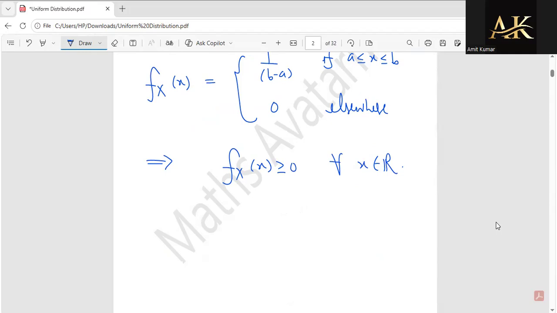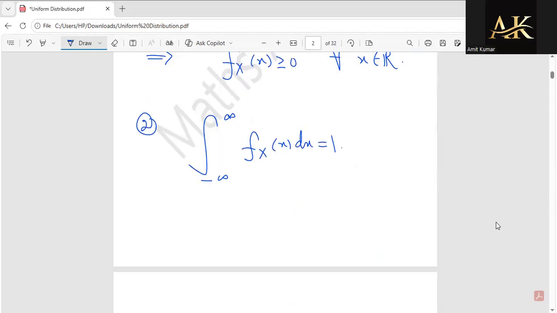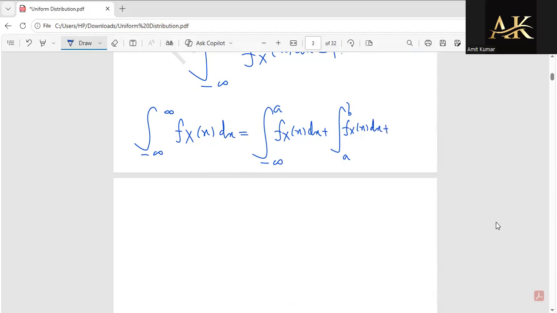Second, the integral from minus infinity to plus infinity of f(x) dx should be 1. Let's check it. We can split this integral into minus infinity to a of f(x) dx, plus a to b of f(x) dx, plus b to infinity of f(x) dx.